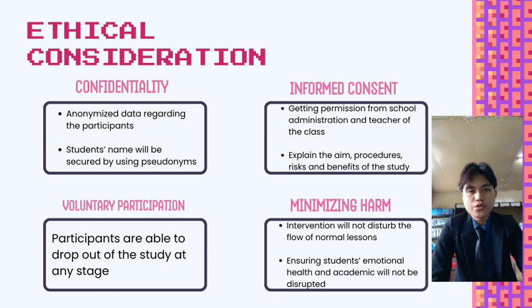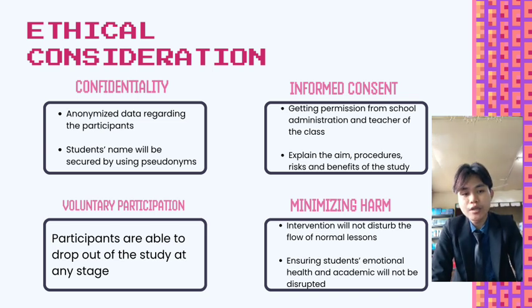So moving on to the ethical considerations of this research, there are 4 aspects that need to be considered in this research. The first one is confidentiality. Confidentiality is a very important aspect of the ethical behavior of the researcher.